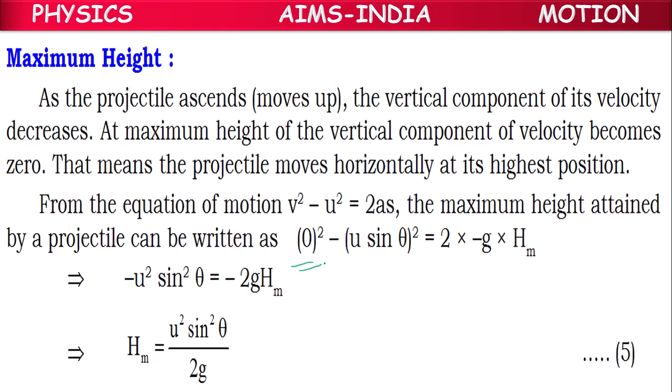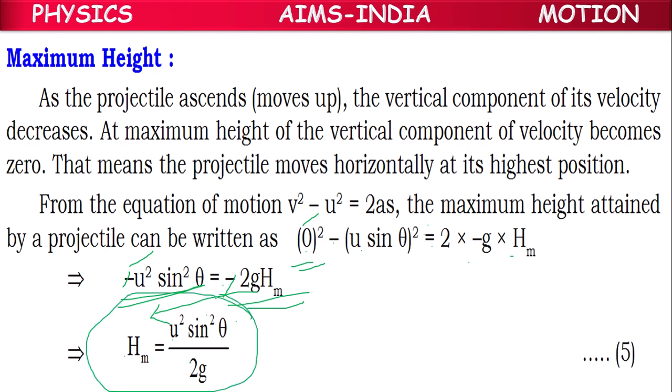Next, 0 square equals 0. So we have minus u square sin square theta equal to minus 2g H_m. This minus cancels, this 2g will go down: u square sin square theta by 2g equal to H_m.